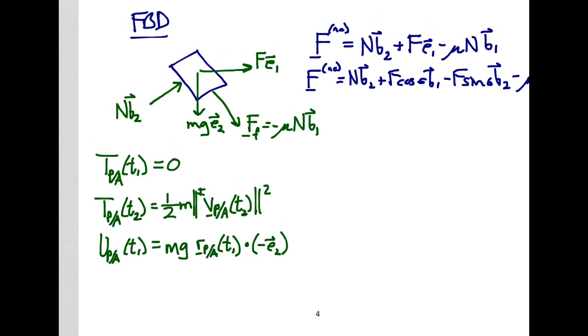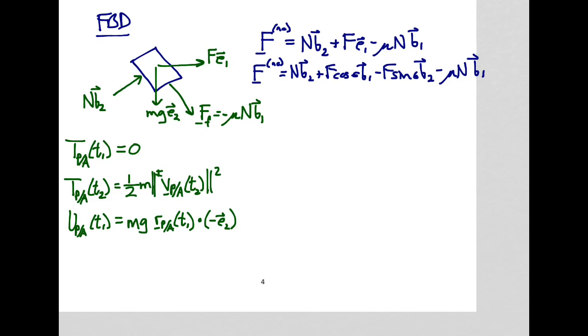The reason why we're dotting this with negative E2 is because this is implicitly saying that we're using point A as our reference point, and then we know that we need mgy, y being the vertical distance above that. At this particular time, it's right at that particular point, and so we've said that r of p with respect to a at time 1 is equal to 0. And so this does simplify to mg times 0 in the b1 direction, dotted with negative E2. And so we get 0 out of this expression.